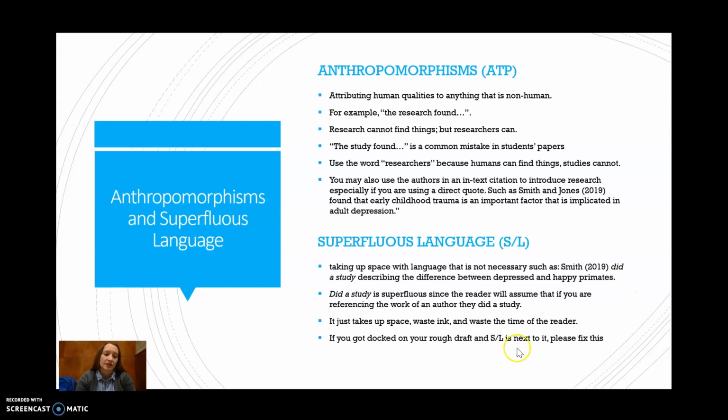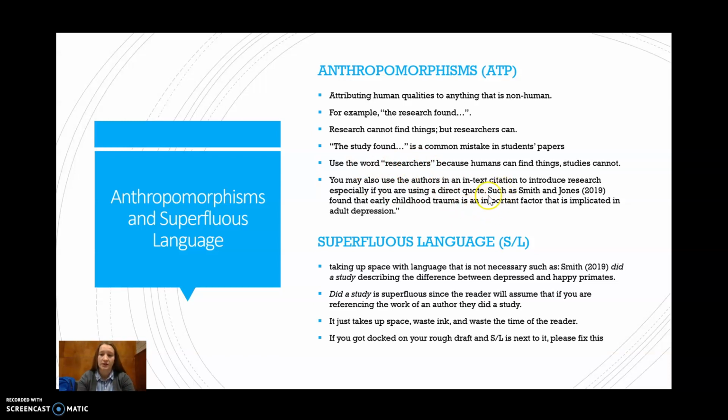So we've seen this in a lot of papers and it's pretty common, but the example that we have is the research found. Research can't find anything, but researchers can. So if you've written the study found or the research found, you should go back and look at your paper and change it to the researchers or just use their names.